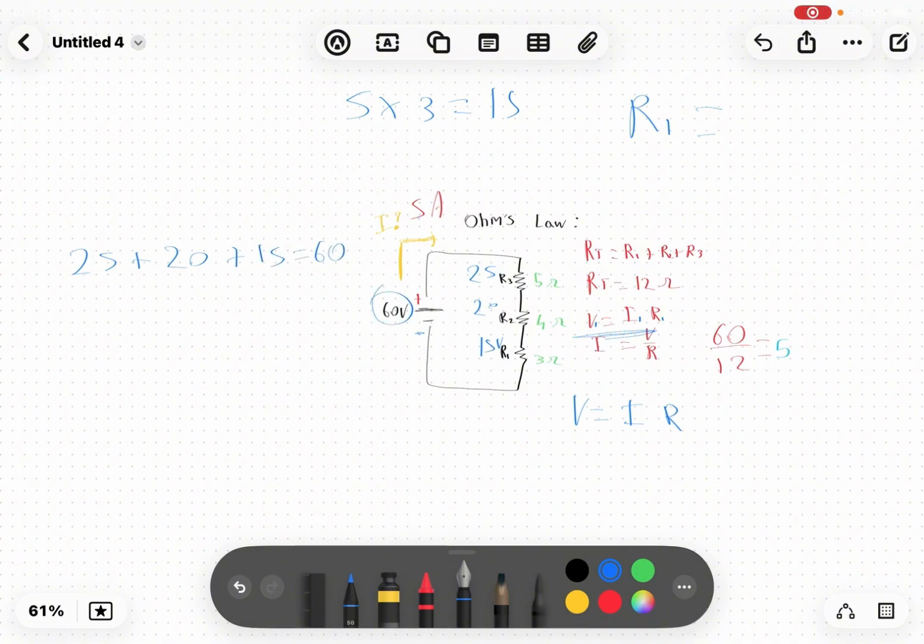As you can see, that makes sense, because the voltage is 60 and the sum of the voltage drops is also 60. It can't be otherwise, because that's Kirchhoff's voltage law. If it's a closed circuit, the voltage goes in, and it has somewhere to go back, otherwise it would just blow up.